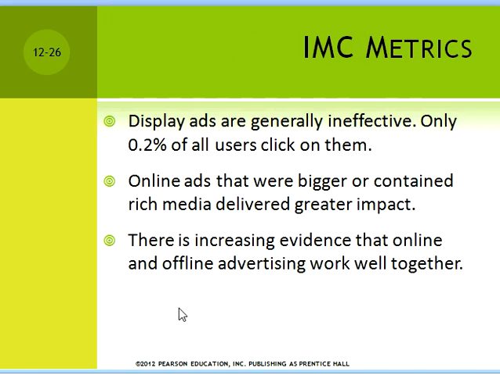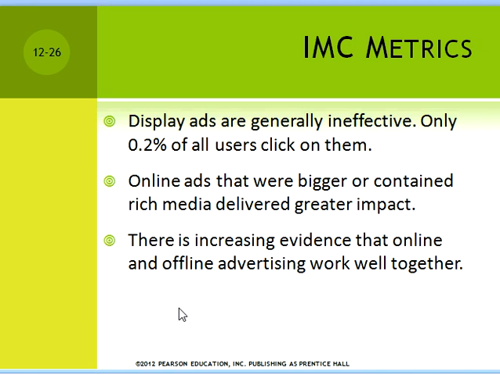Finally, the IMC metrics. Even though we have studied the direct marketing metrics, in this case display ads are generally ineffective. Only 0.2% click on them. So marketers need to do something about it in order to increase the percentage. Online ads that were bigger or contained rich media, such as Flash or some kind of video, delivered greater impact, and the response rate was much higher.